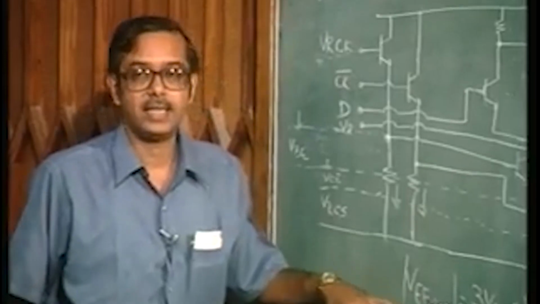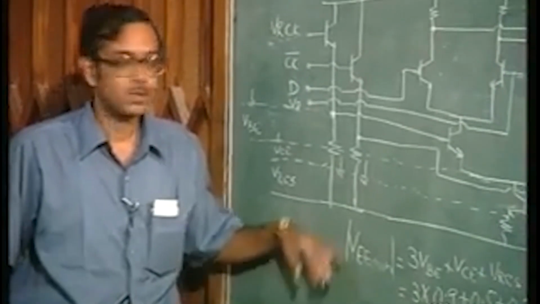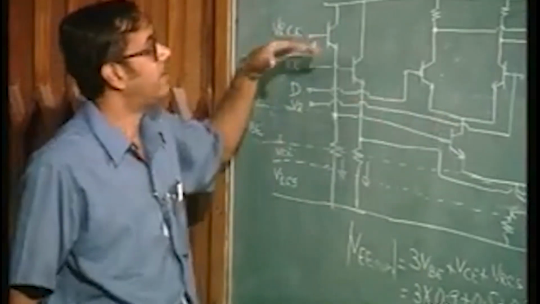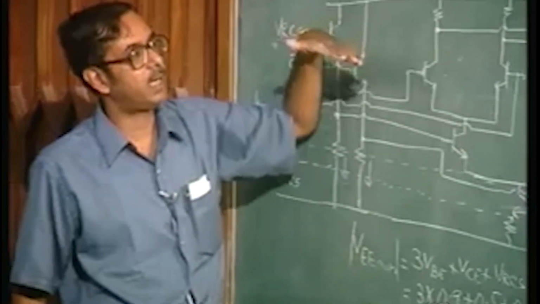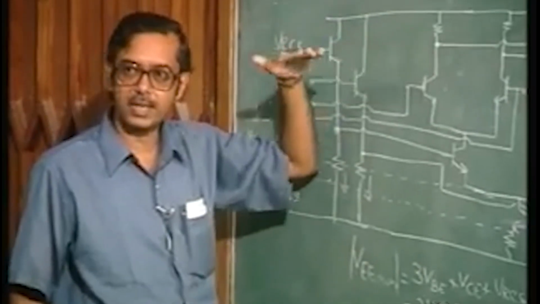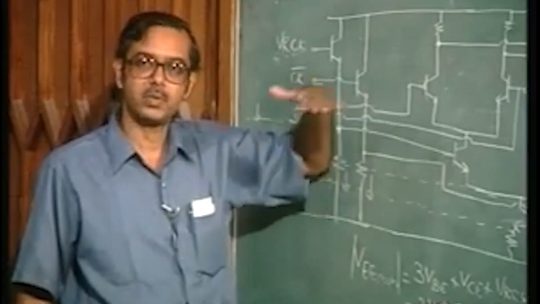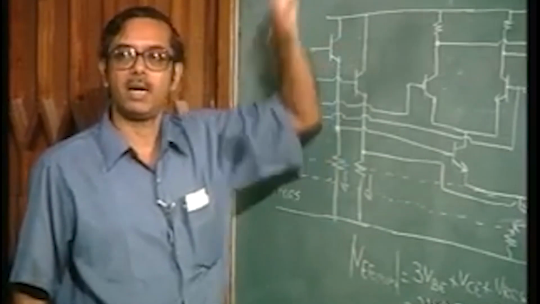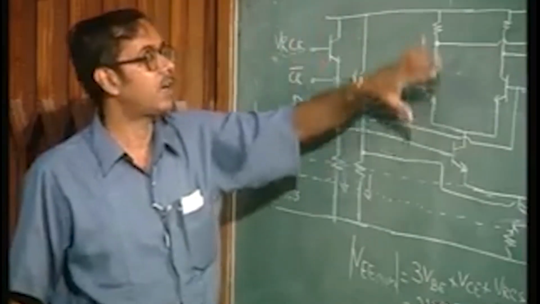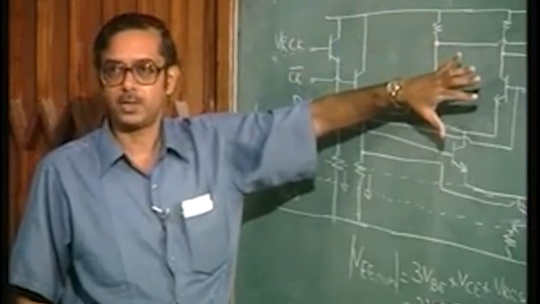What is the change in the VEE minimum? So, basically what we have done is we have increased the input voltage by VBE. It was initially in the previous circuit minus VBE to minus VBE minus 500. So, we have raised the input voltage by VBE, shifted it up. The VR also has been shifted up by VBE. Okay. So, there is no problem as such.